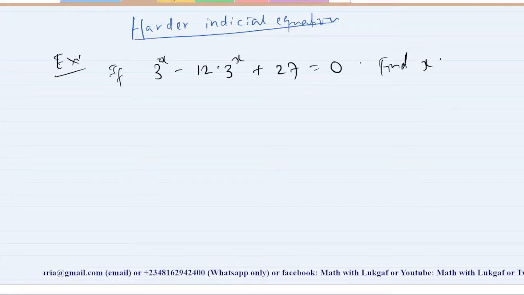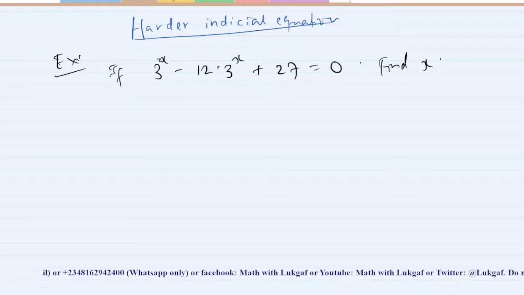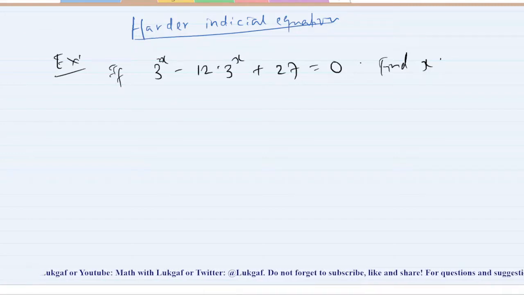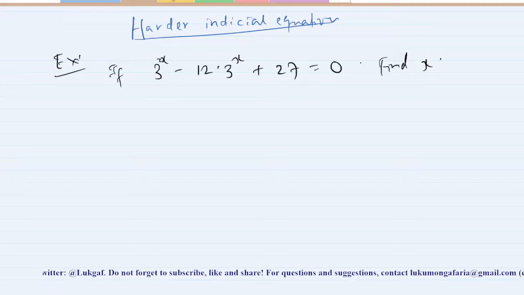You can see this is a more complicated indicial equation. If you think carefully, you will see that it is very difficult to use some of the rules of indices unless you break this equation down.